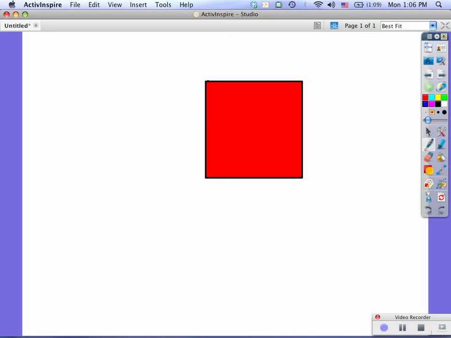Okay, the perimeter on this, perimeter equals 22 inches. Who can figure out how I would find the missing measurement?